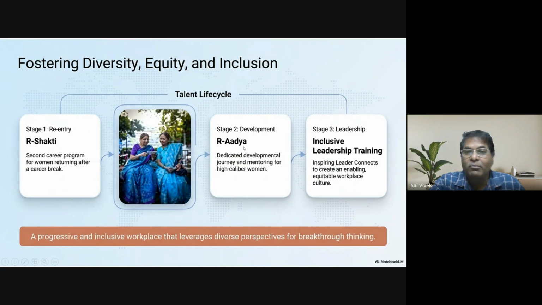Stage 2 is about R Adya, a dedicated developmental journey and mentoring for high caliber women. High caliber women are given prominence here. And inclusive leadership trainings are given here. This is a progressive and inclusive workplace that leverages diverse perspectives for breakthrough thinking.